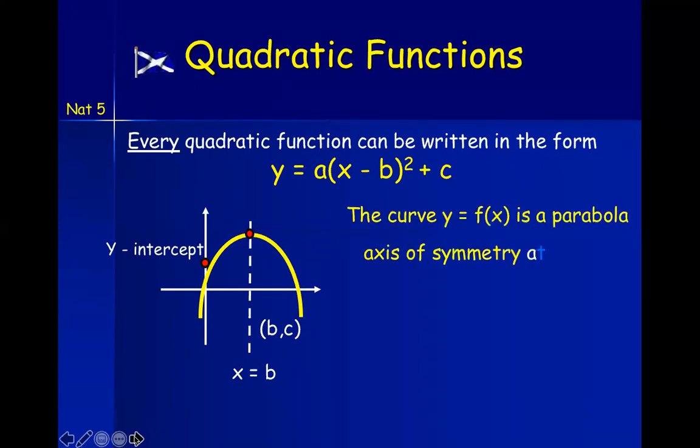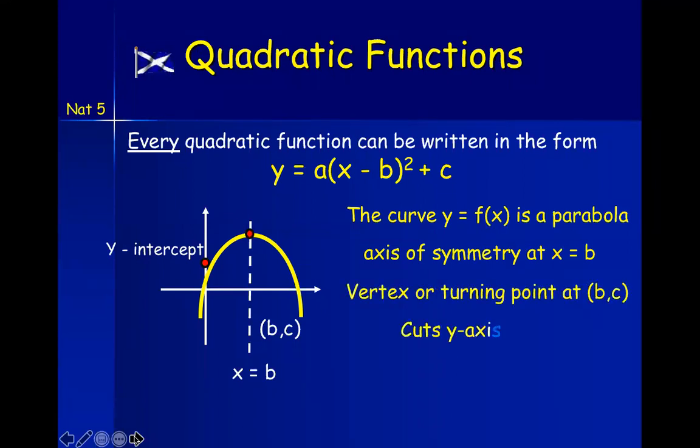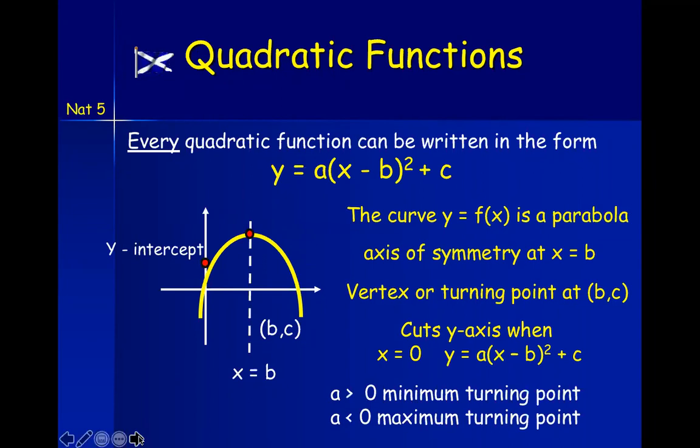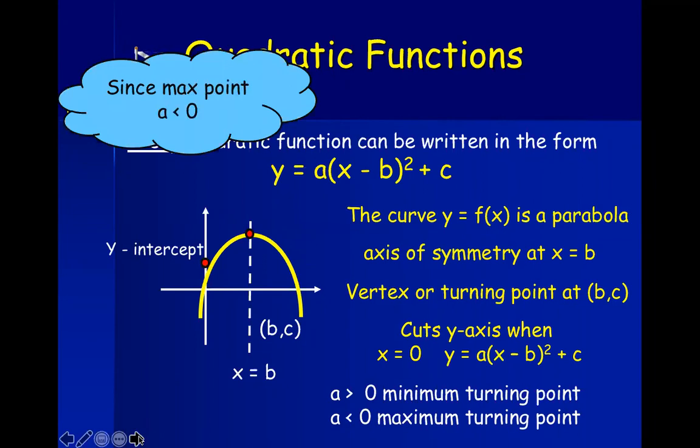The curve has the same axis of symmetry, x equals b. The turning point this time is not a minimum turning point, but a maximum turning point, and we cut the y-axis when x equals 0. Just the same rule, but this time the curve reaches its max. Okay.